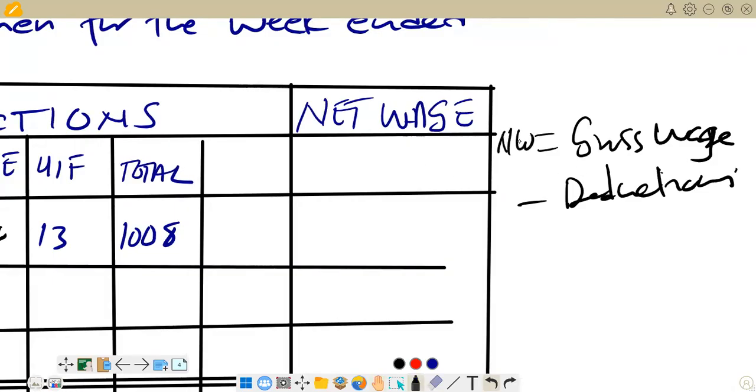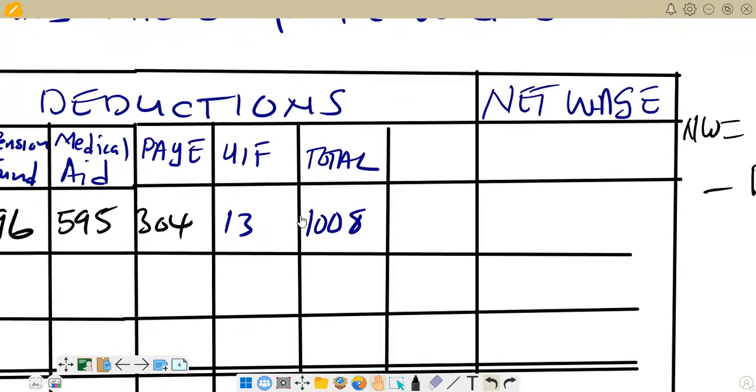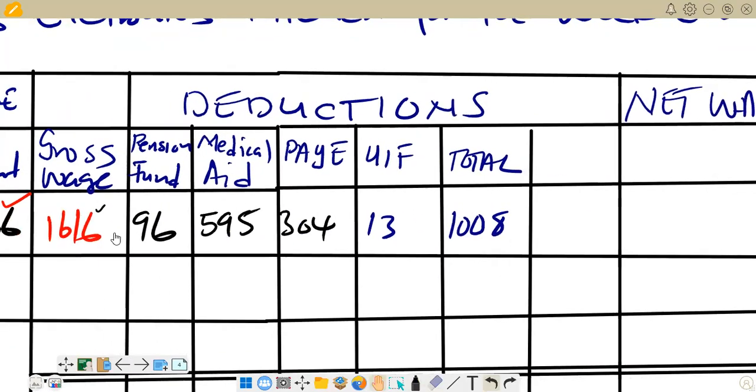So if you go back now to the figures that we calculated, see that our gross wage there is 1,616. Then you subtract 1,008 to get your net wage here. So if you do that, you are going to get 608. So this is our net wage.